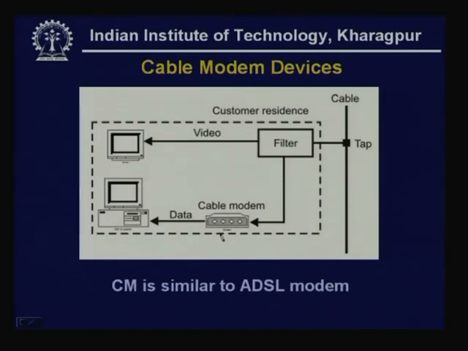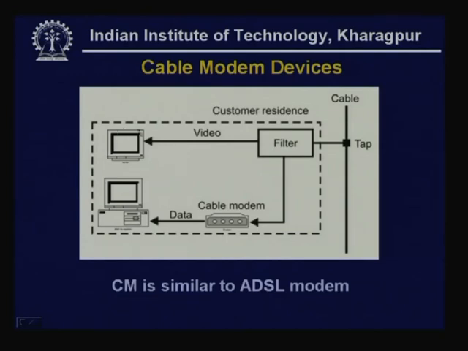So, here are the different devices used in a cable modem system. Here you see the cable modem that is used in the residential premises. This is the customer residence, and this is the coaxial cable, and a tap is made. From there the signal comes to a filter which separates out the video signal.